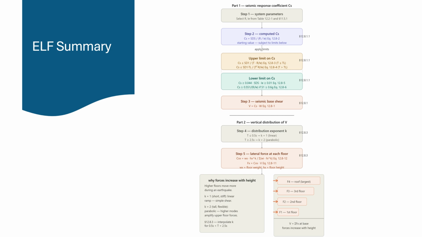You're going to multiply this by the seismic weight to determine the base shear, which is that V value. And then you're going to split that up dependent on the proportion of the height and weight of the structure to get a lateral load proportion to each level.